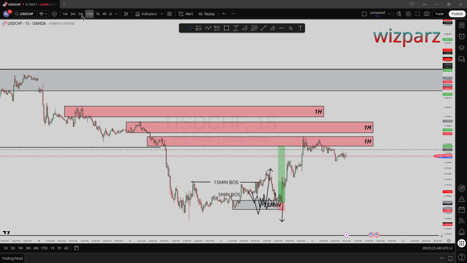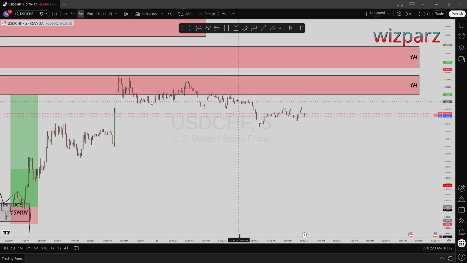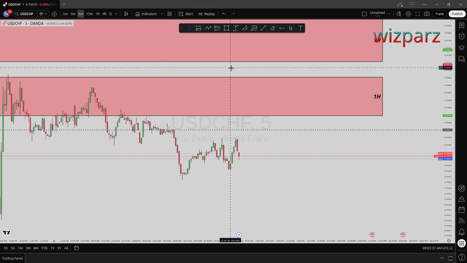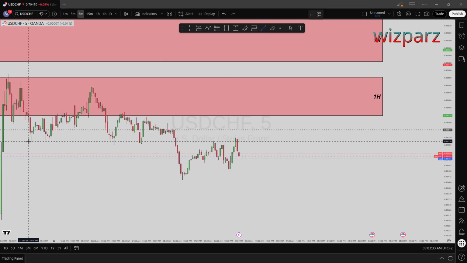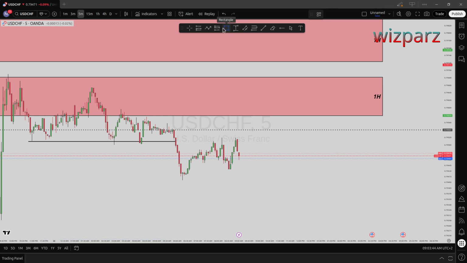And from here, still we are in a downtrend. So right now, price has given us a 5 minute change of character, but not on a good time frame. So I prefer to wait for price to come back to this formed 5 minute time frame.